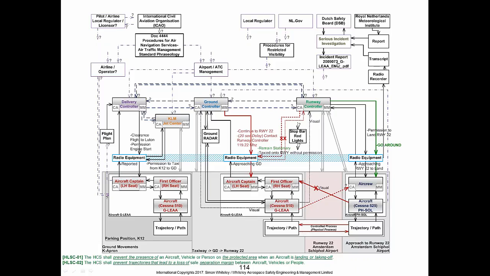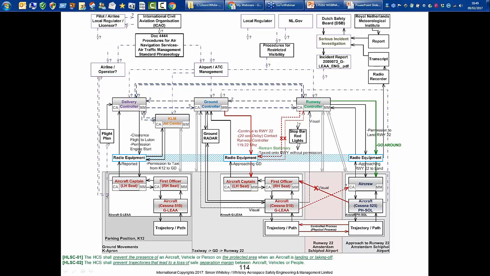If I'd had time and more information, I could perhaps have gone up the control structure and examined why the airport ATC management did not, on this occasion, have the airport stoplights installed or whatever it is. So this method allows you to look at those higher hierarchical level issues.